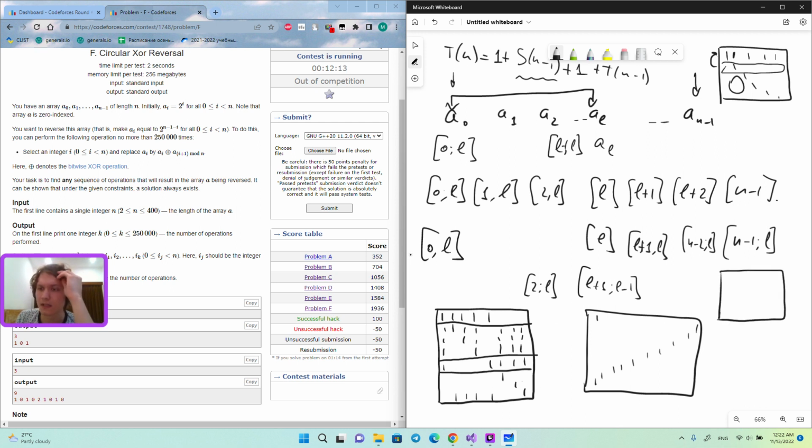Okay, let's think about it a little bit. So let's assume that I can diagonalize this matrix. But the problem is that here we have some rubbish. Can I eliminate this rubbish? I don't know. If only I could, for example, I can fix this one, but can I fix this one after that?